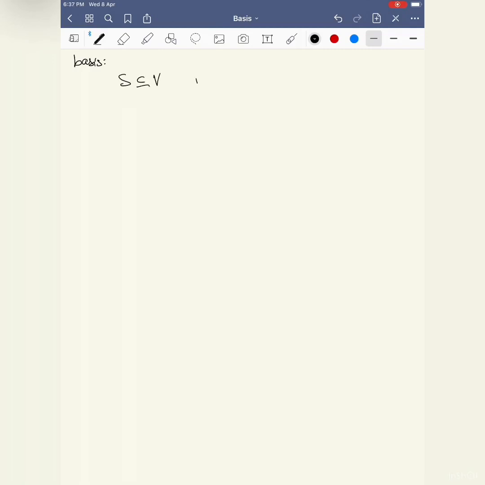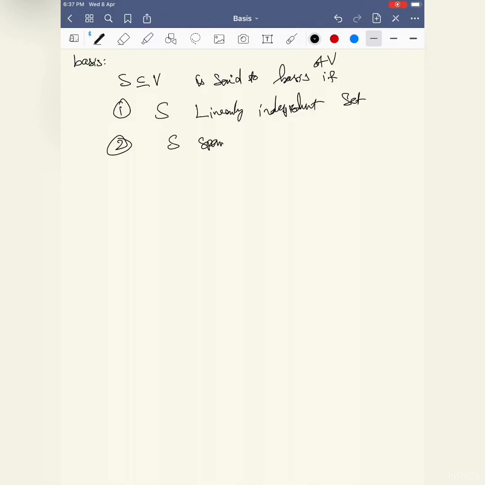S contained in V is said to be a basis if, first, S is a linearly independent set. Second, S spans the entire V.